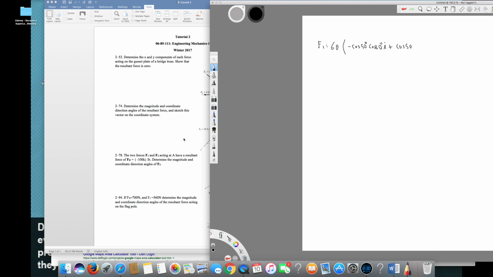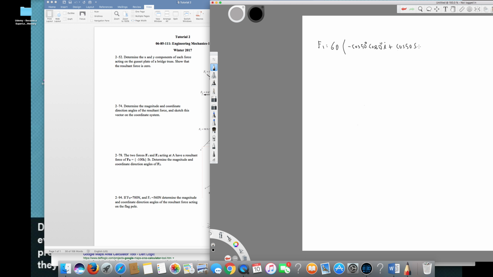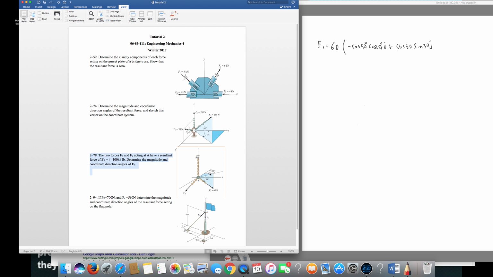cos 50 positive, and since we have reached the x-axis, but we have to reach y, I have to multiply by sine 30, and that's going to be my j. And to find the k component, it's directly downward.